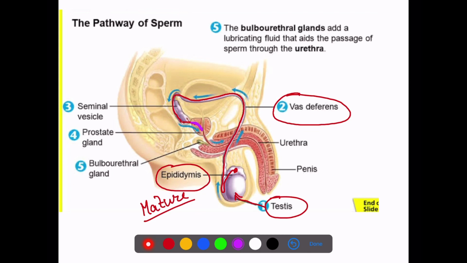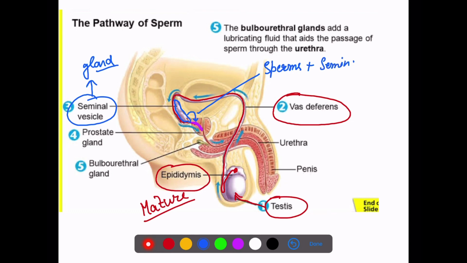Now there is a seminal vesicle present there. And what is this? It is a gland. So this seminal vesicle also releases its secretion into the duct. Now here we have the sperms plus the seminal vesicle secretion, right?